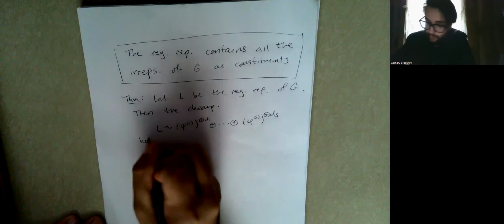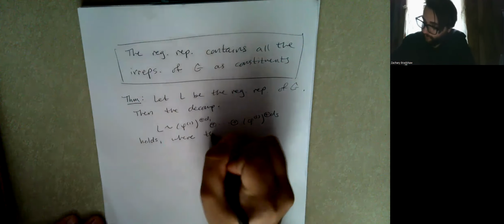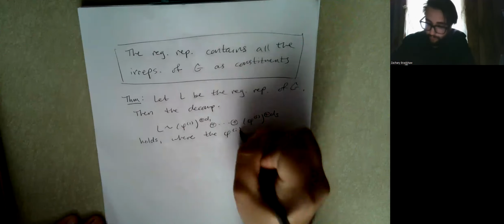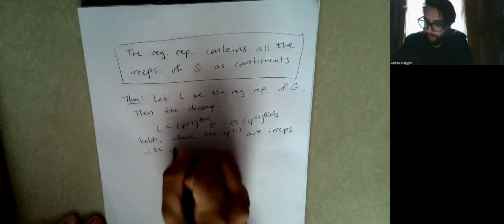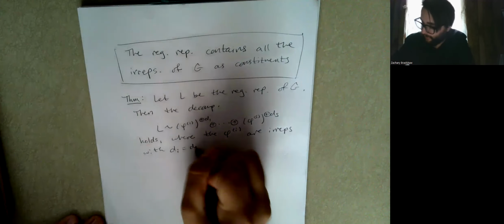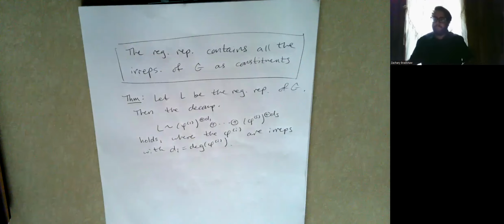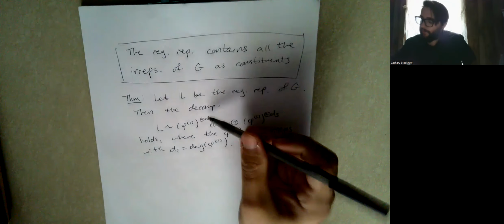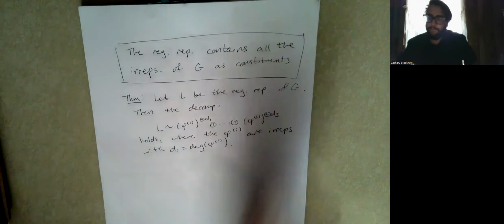So this holds where the phi_i are irreducible representations with degree given by this d_i quantity. So remember this notation here just means phi_1 summed with itself d_1 times.